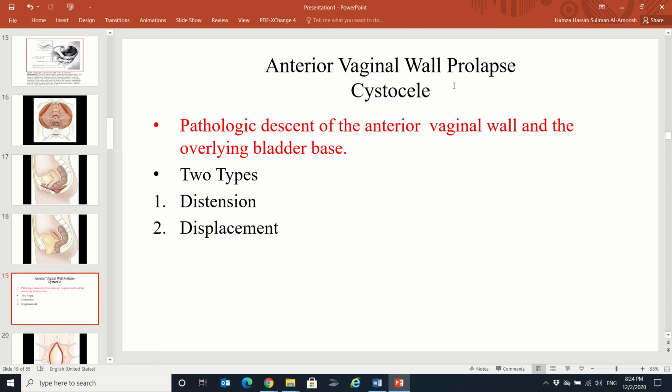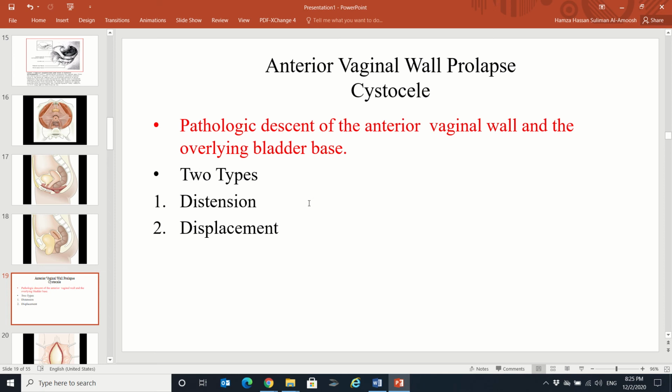Anterior vaginal wall prolapse or cystocele. It's pathological descent of the anterior vaginal wall over the bladder. There are 2 types of cystocele: distension and displacement. Distension, if we have weakness of the fascia between the bladder and the vagina, the whole fascia is weak, so you have a symmetrical bulge.